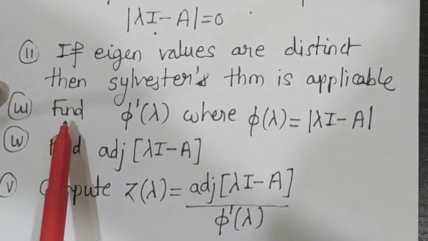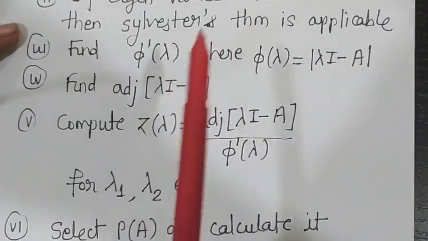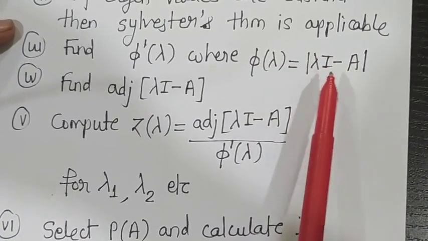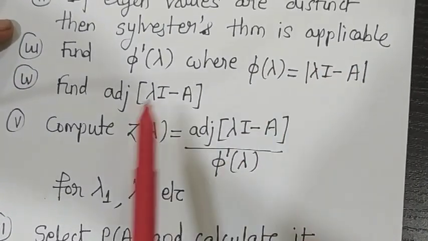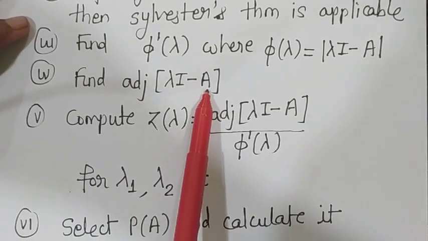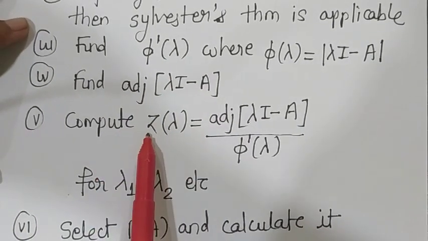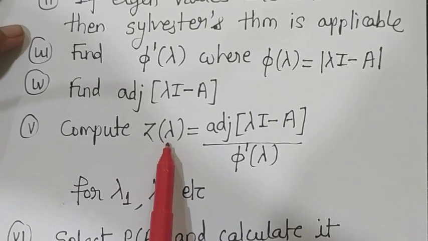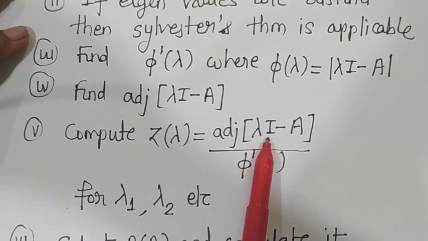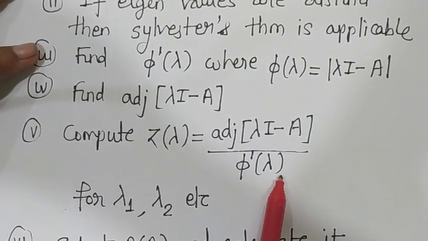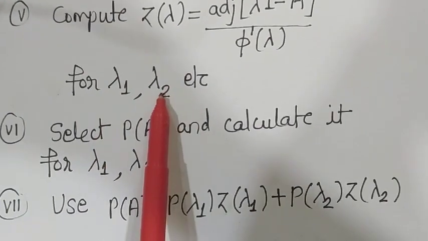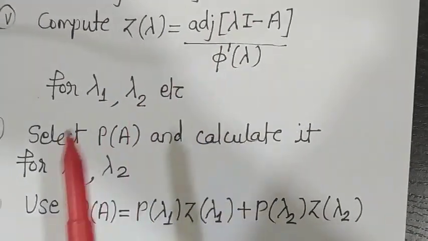Then we will find out phi dash of lambda, where phi of lambda is the determinant of lambda I minus A. Next we find the adjoint of the matrix lambda I minus A. Then we will compute the Sylvester coefficient, that is Z of lambda, given by adjoint of lambda I minus A upon phi dash of lambda, for given values of lambda, say lambda 1 and lambda 2, using this formula.